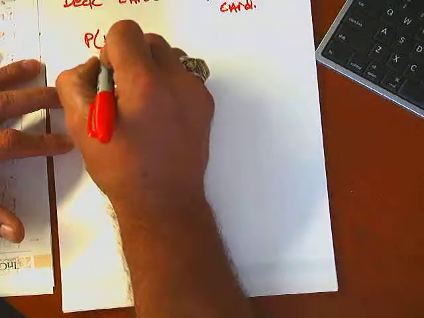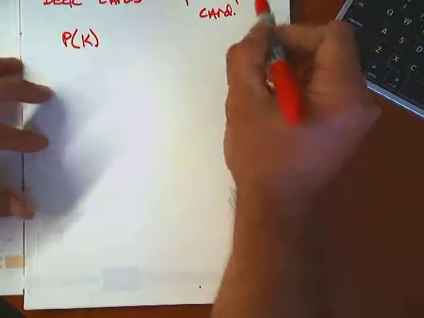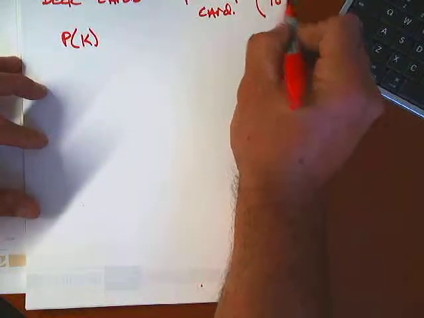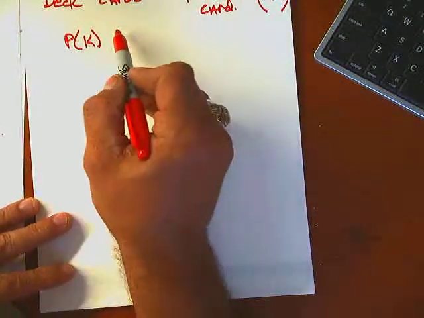Okay? Another experiment would be actually shuffling a deck of cards and picking one card to see if it's a king.